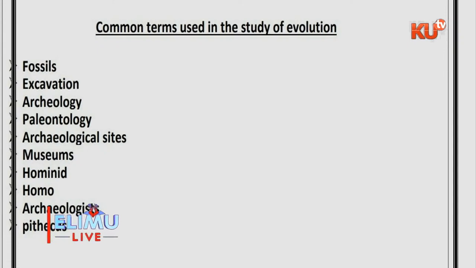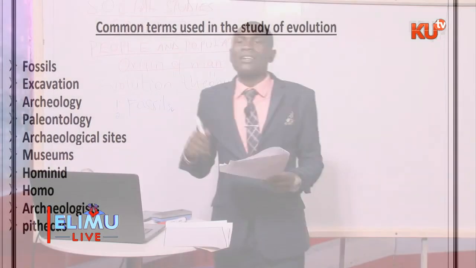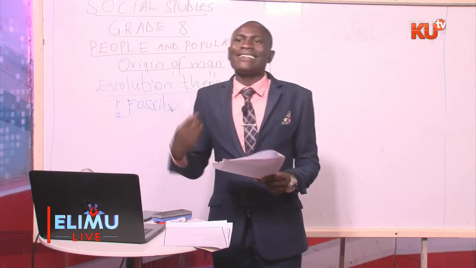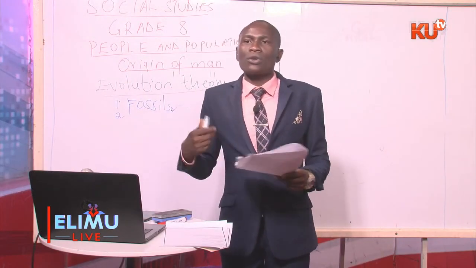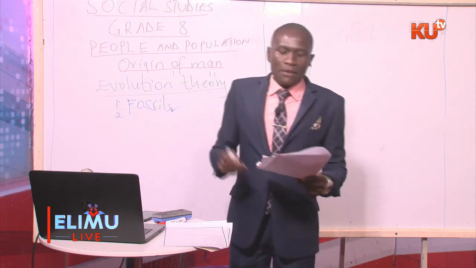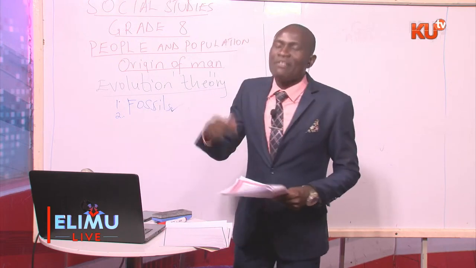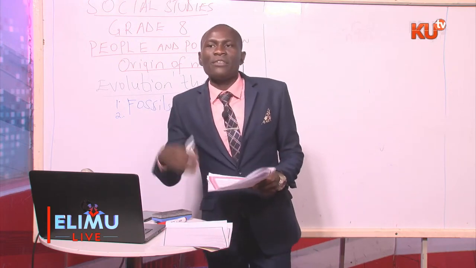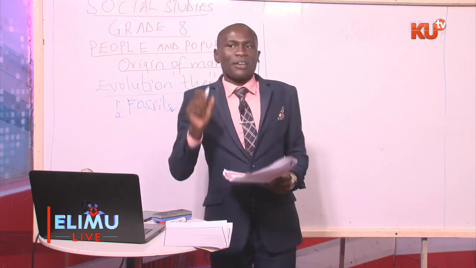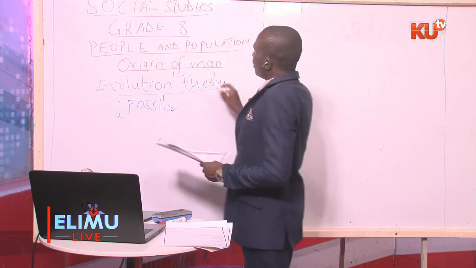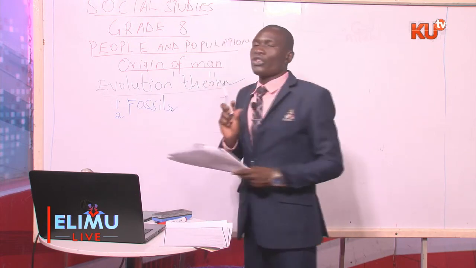Then the word homo, I'm just going through the common ones that we'll be looking at, means human-like creatures. Then pithekas means ape-like creatures. We have ape-like creatures and we have human-like creatures.